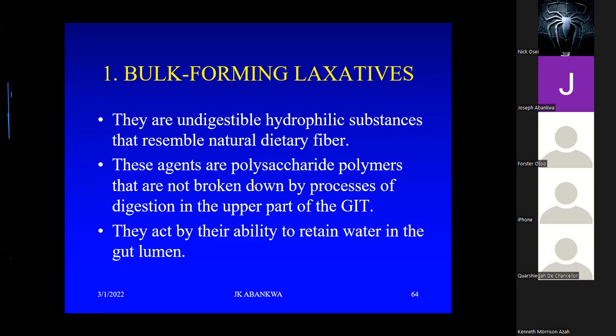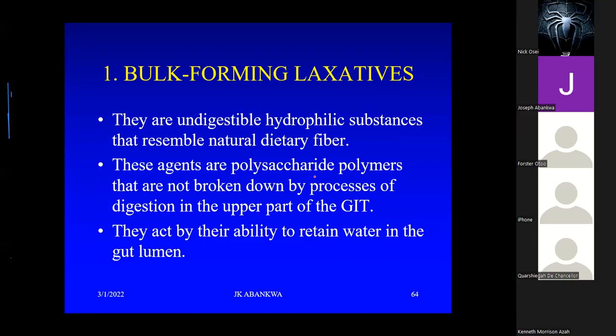With the bulk forming laxative, they are undigestible hydrophilic substances that resemble natural dietary fiber. These agents are polysaccharide polymers that are not broken down by processes of digestion in the upper part of the GIT. So they act by retaining water in the gut lumen.